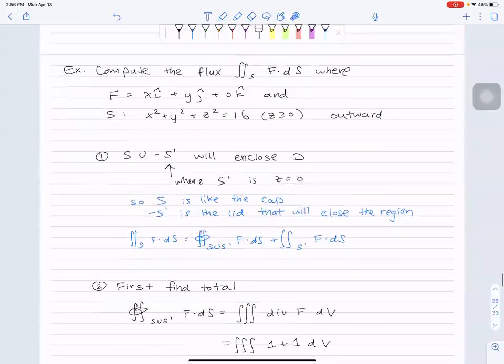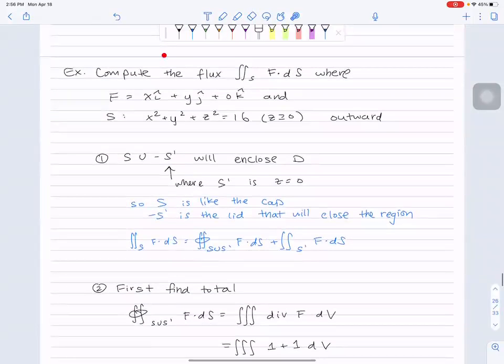Okay, so let me give an example. We want to compute the flux over this vector field where our surface is just our hemisphere, like I just said. So we want to compute just over that hemisphere. We can close this region by putting that lid on the bottom. The lid is going to be negative sigma. That's my notation.